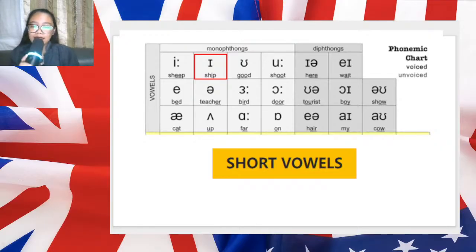That vowel sound in the word is a short vowel sound. So they used a short vowel sound in here. Okay? Now how to produce this particular sound?